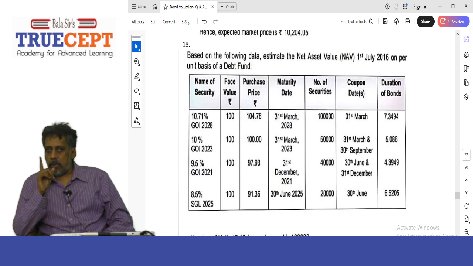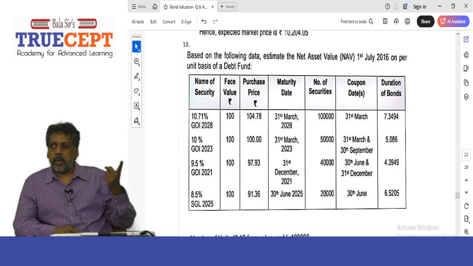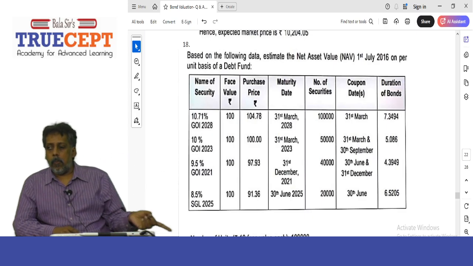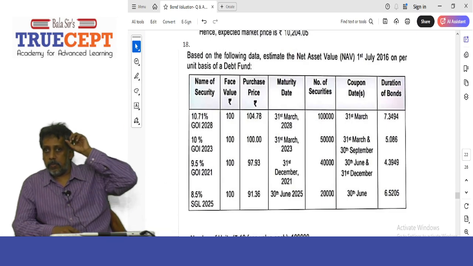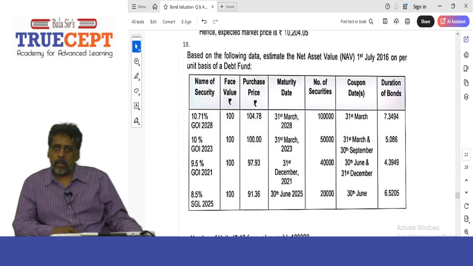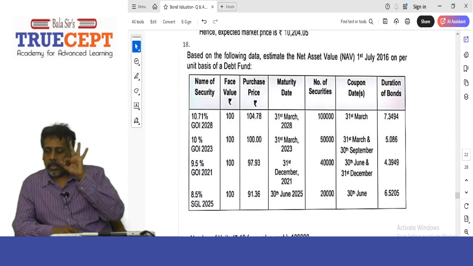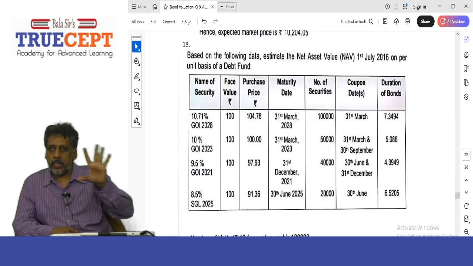Yes. Now when you're going to calculate the NAV on 1st July 2016, please remember, you would have received the last coupon on these bonds on 31st March 2016. Therefore, 3 months interest would have accrued by 1st July 2016. Am I right?